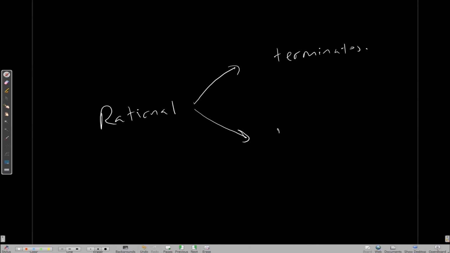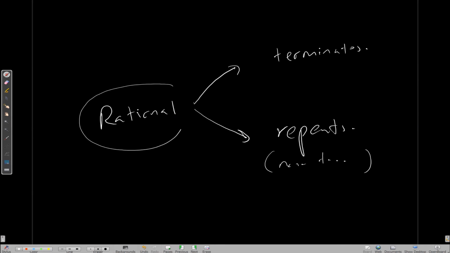So the key thing to remember, a rational number in decimal expression, two things can happen. Either it nicely terminates or it repeats a pattern. So this is non-terminating but repeats. Now that set of rational numbers will give us irrational.